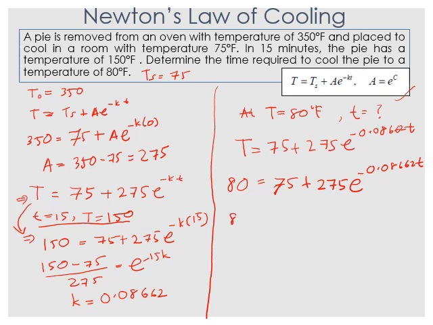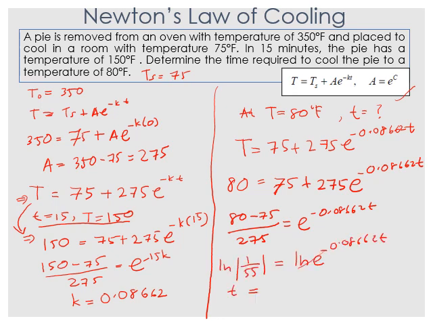So 80 minus 75 divided by 275 is equal to exponent negative 0.0866t. Then you take ln, and we obtain t equal to 46.26. So that's the answer. It takes about 46 minutes.